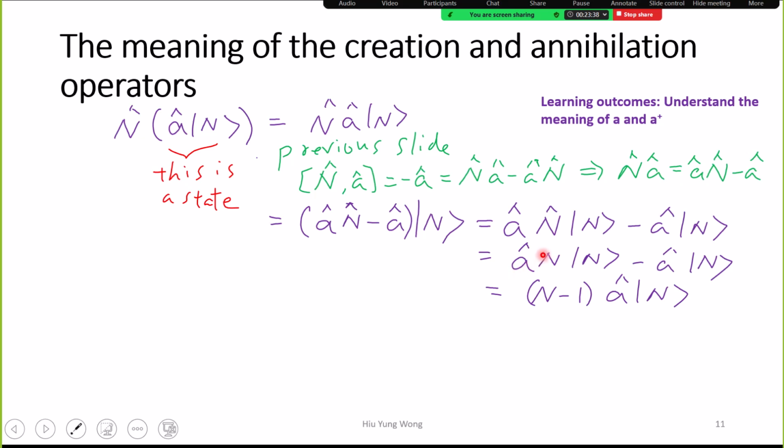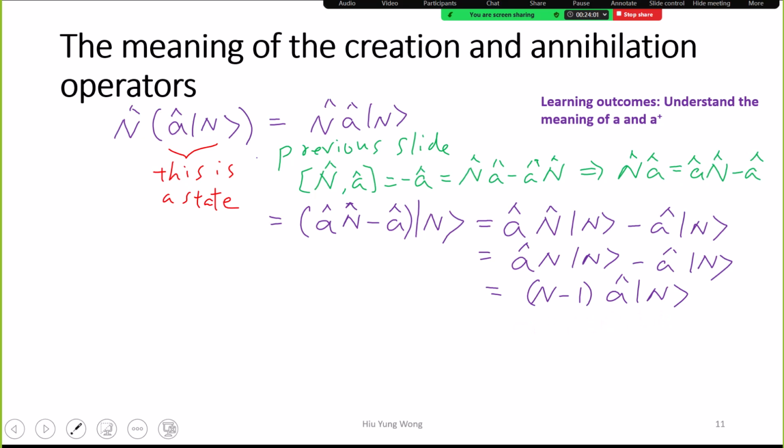Sometimes you get confused, so think of it from the matrix point of view. A hat is a matrix, and this is a pure number. A number can go in front of the matrix, no problem. And this is a vector. So I have N times AN minus AN, which is equal to N minus 1 times A hat N. Make sense?